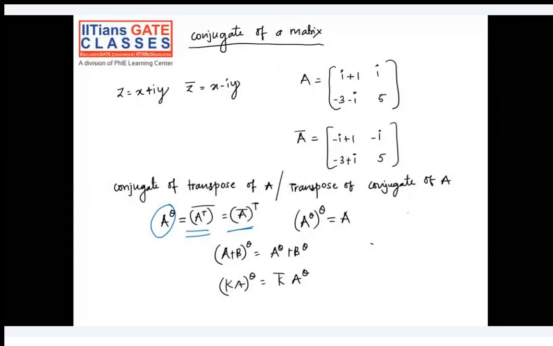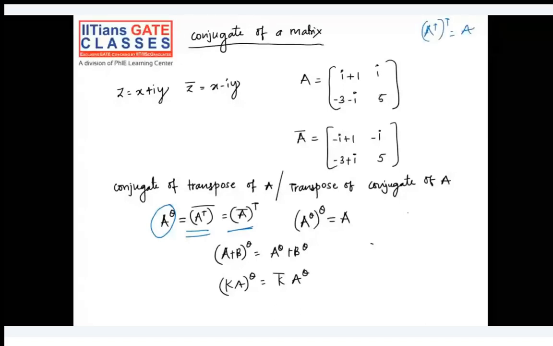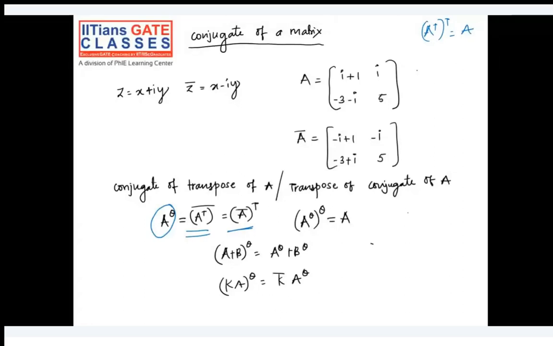And you already know that if you take the transpose of A transpose again, you will get the original matrix. Similarly, if you take the conjugate and then take the conjugate again, you will get the original matrix A. In the same way, A to the power theta taken twice will also give you A, right?